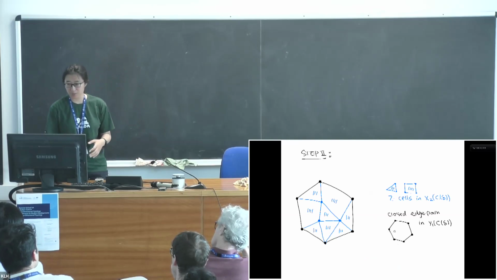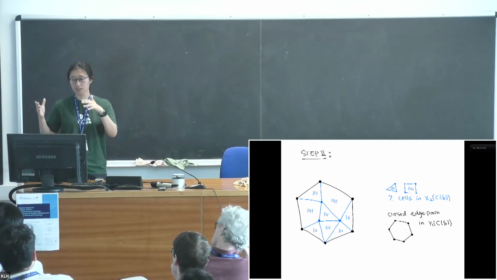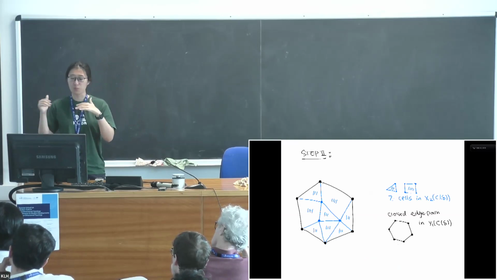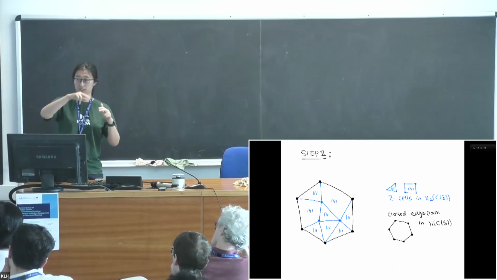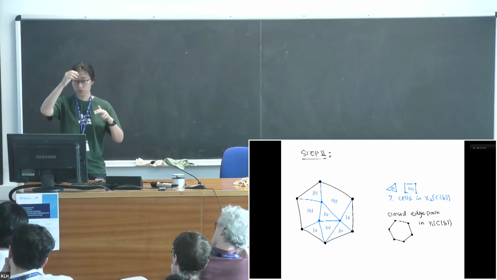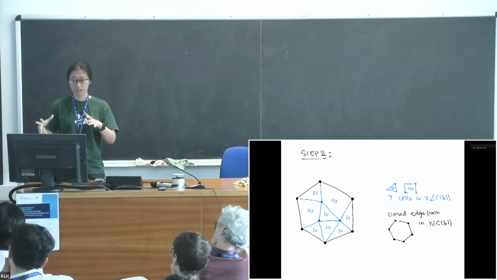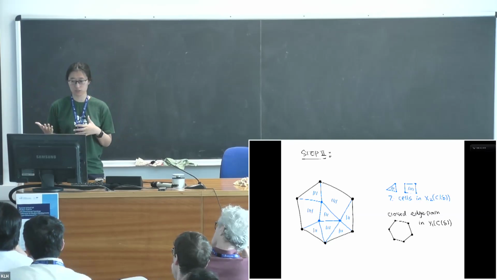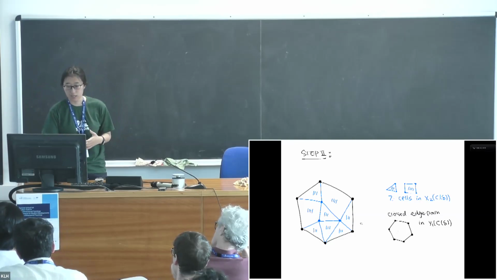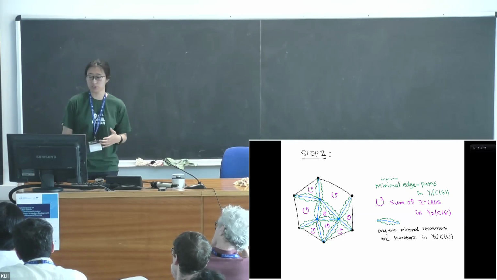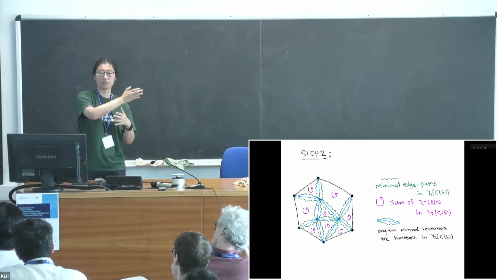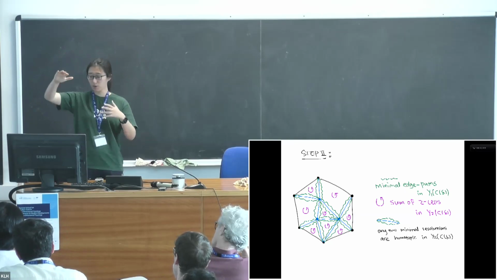And then the next step is to say, because the handle slides are simple moves, given any closed edge path, a closed loop in this Y2 C delta, we can first decompose it using 2 cells in X2, because we showed that X2 is simply connected. And then we resolve each simple move into a sequence of handle slides in a minimal way.